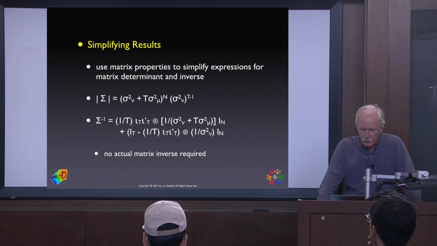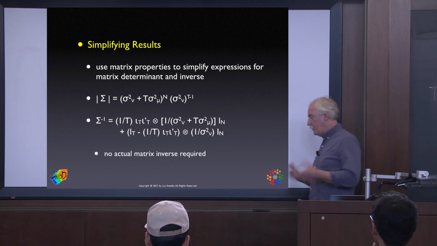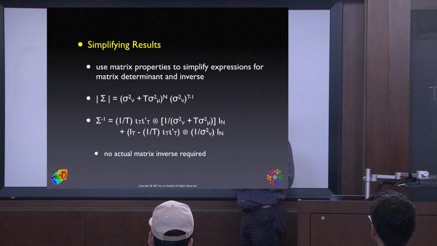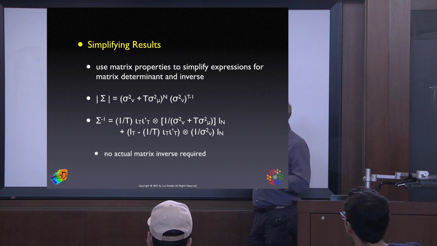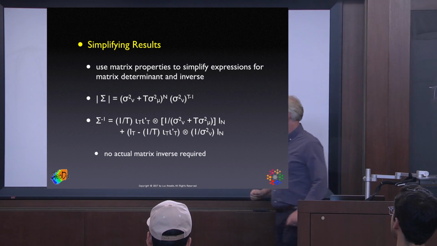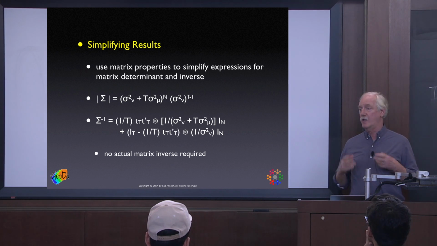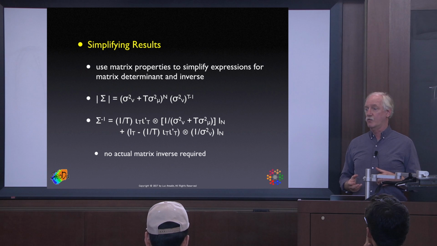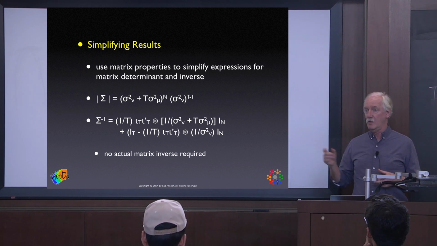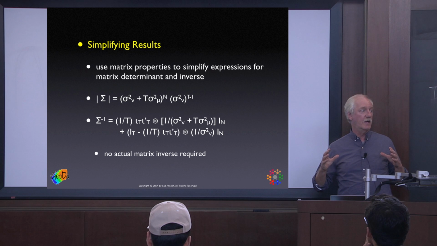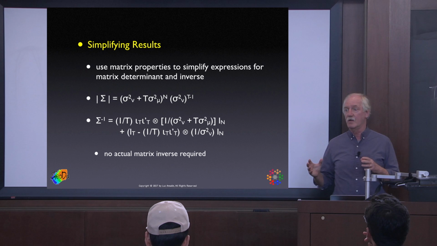But again, the Kroneckers are a little bit different from the textbook because of the spatial arrangement of the data. If you use fancy results from linear algebra, you can actually figure out that the determinant has a simplified form, as does the inverse. So we do not have to invert an NT by NT variance covariance matrix. The full variance covariance matrix, sigma, is of the space-time dimension, NT by NT. That's a monster.